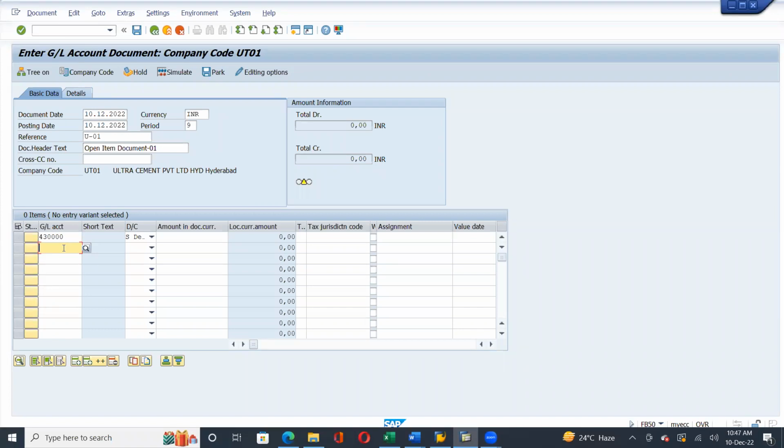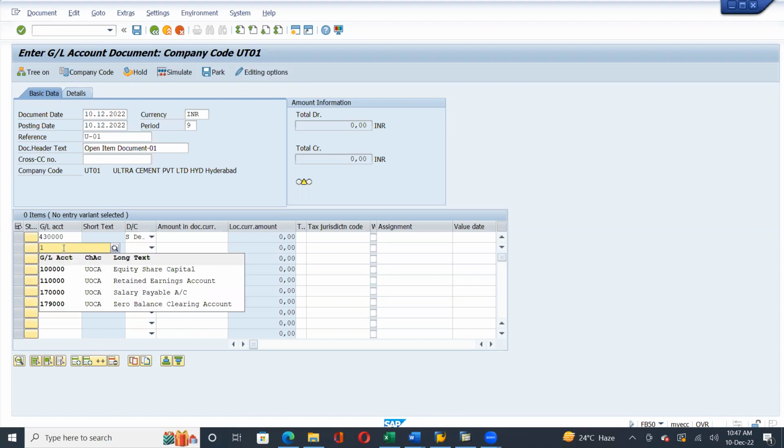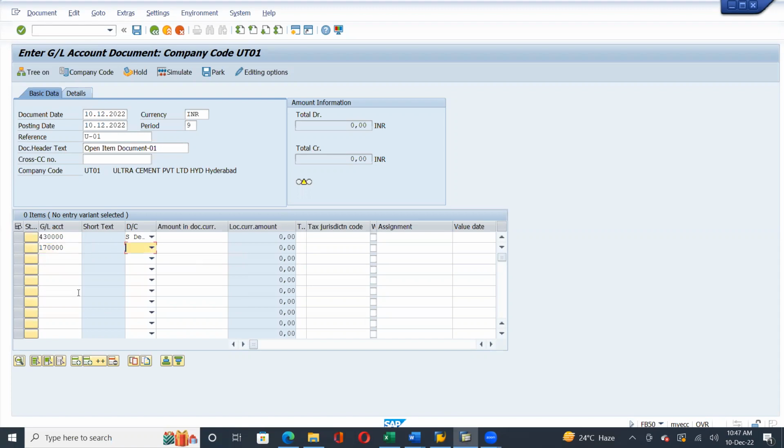Is it expense, revenue, asset, liability? Liability. Perfect. So we have given it the 17 series as a liability series. Credit.